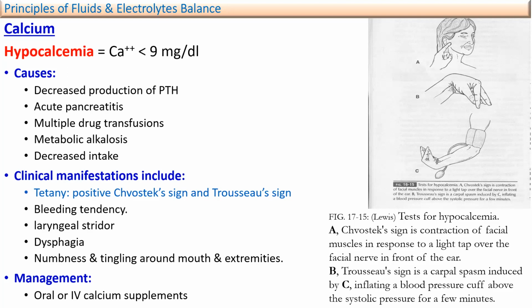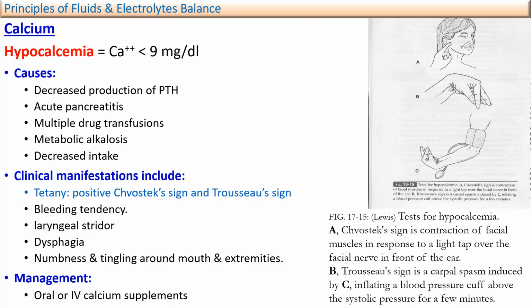What causes this hypocalcemia? Too many factors. The first one is decreased PTH hormone production, parathyroid hormone production decreased. And we know that the PTH hormone is the main hormone responsible to maintain the calcium level in the blood.